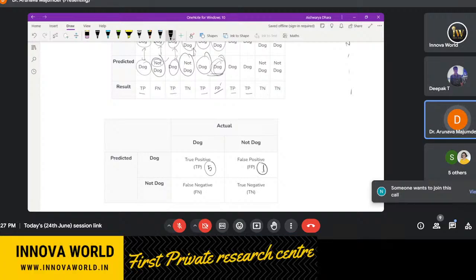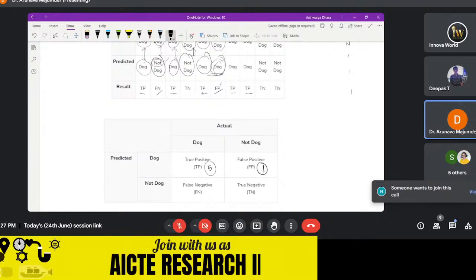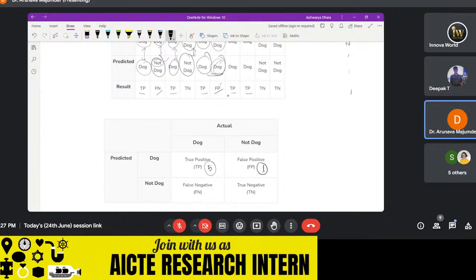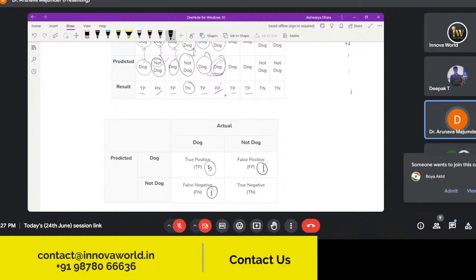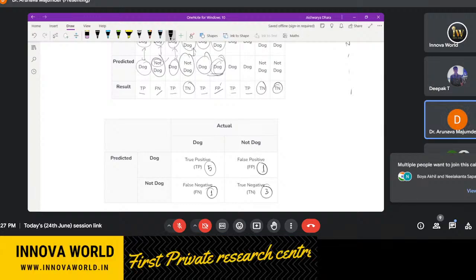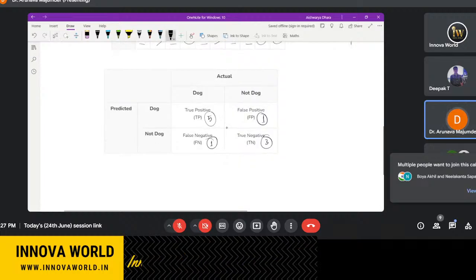So in the second cell the value is 1. How many false negative values? Only one. And how many true negative values? One, two, three. Three.